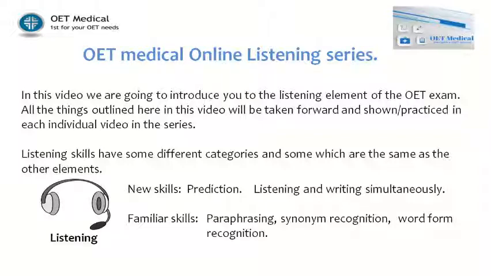So we're going to talk about listening skills first. Listening skills have some new categories as well as the regular categories. The new skills that you need for listening are prediction, and this would be useful, but it's not absolutely essential. But the ability to listen and write simultaneously helps you, because as you're listening, you can make your notes so you don't have to go back later.